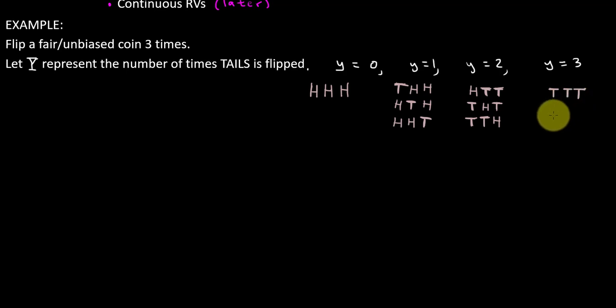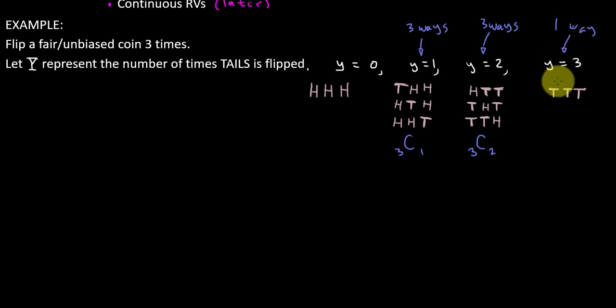T, T, T. I have hopefully hinted at what is considered a combination, right? There are three ways to get one tail, and there's also three ways here. Where did that come from? Consider 3, choose 2. 3, choose 1.